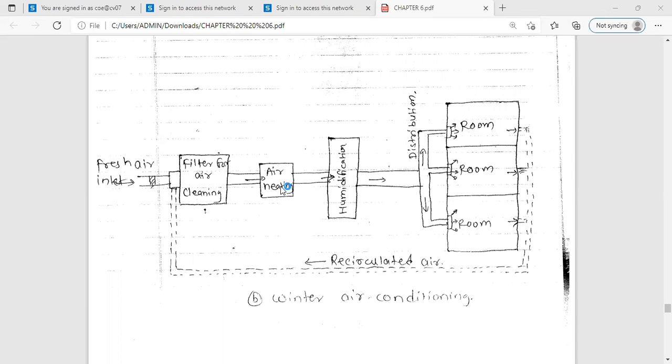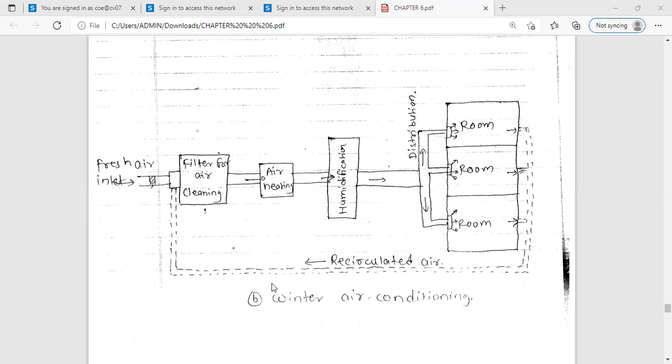After air heating, we have to go for the humidification process. In the winter season, whatever humidity is in the air is less, so we have to add moisture content. That process is the humidification process, and then finally we have to go for the distribution of that pure air into the required premises.